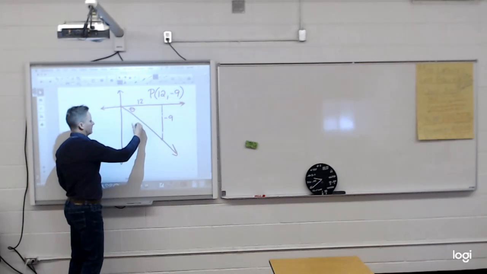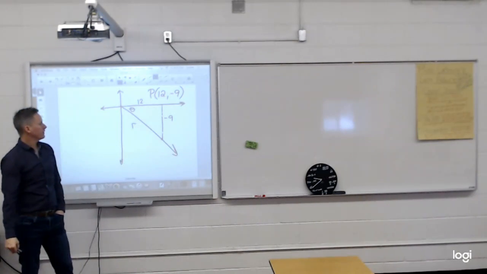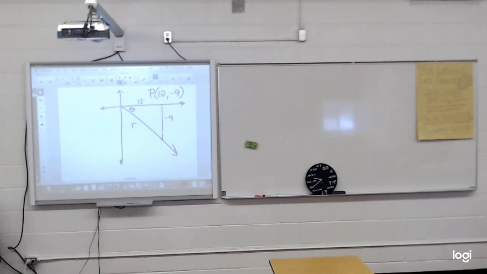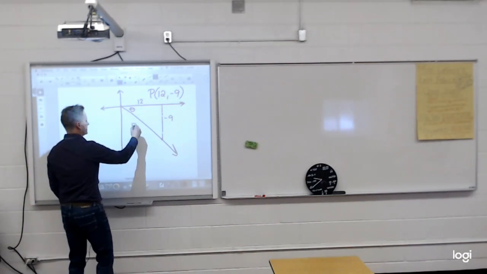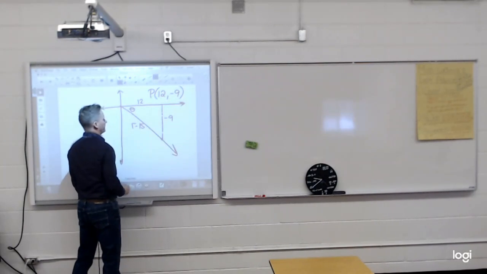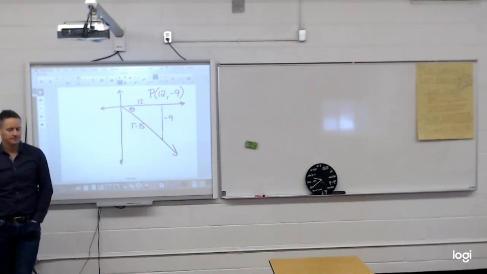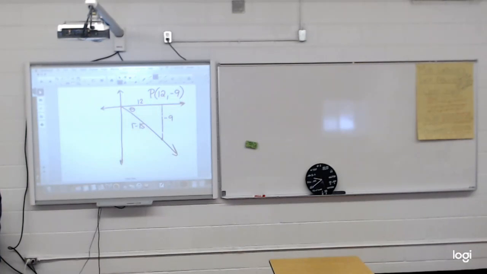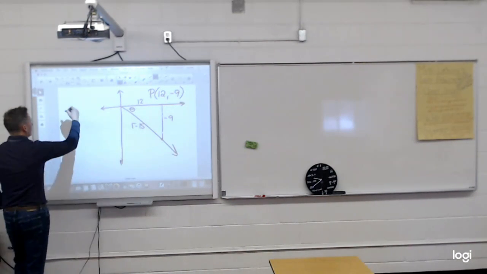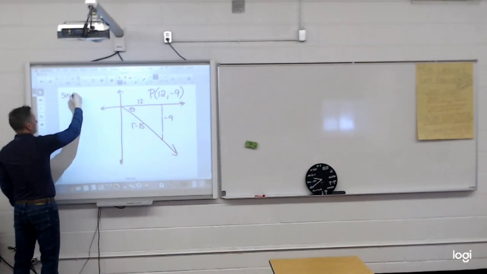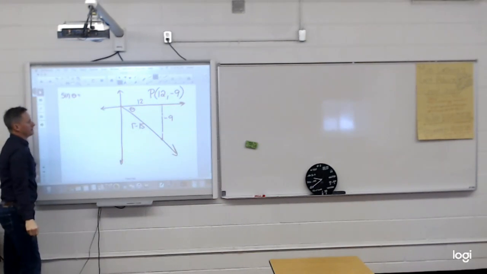So 12 squared is 144. -9 squared is 81. That makes 225. The square root of 225 is 15. A squared plus B squared equals C squared. What is the sine of theta in this question?